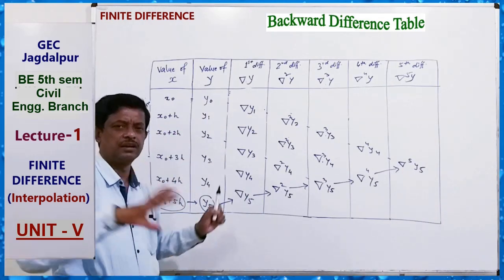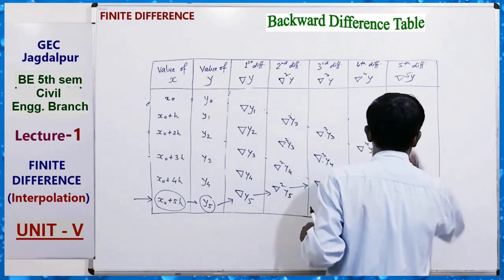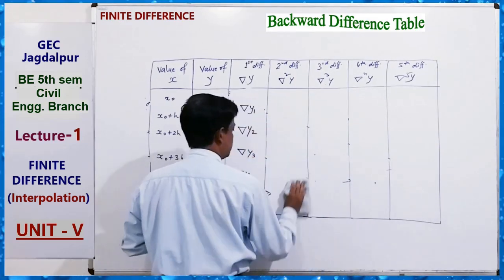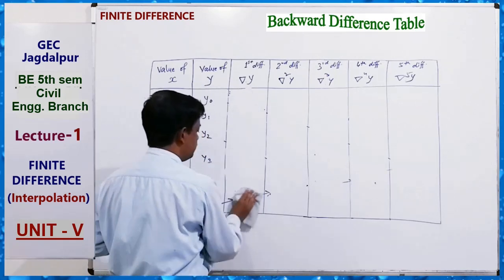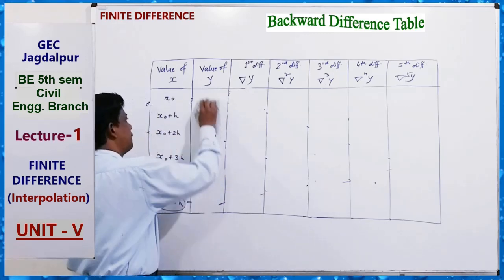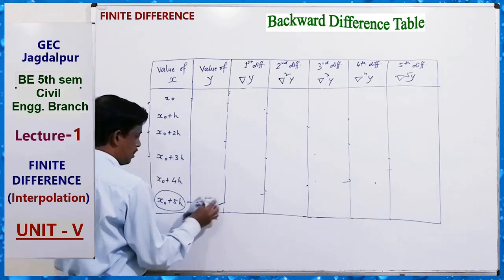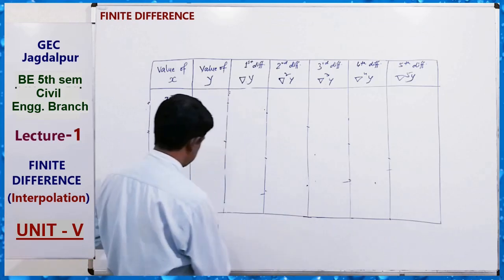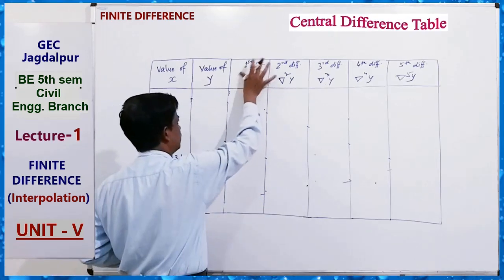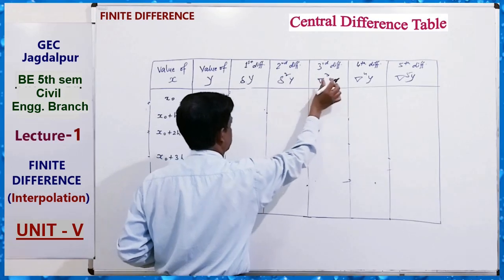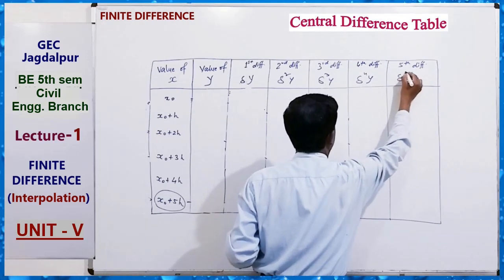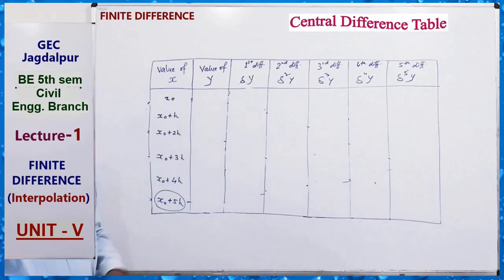The table creation method is completely the same. For the central difference table, the creation method is to subtract the previous term from the ahead term, or you can also say the following term. This is for central difference, the central difference table creation method.